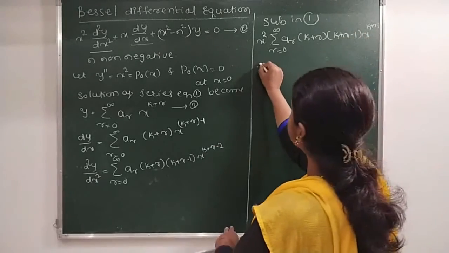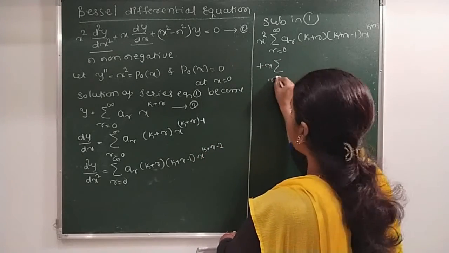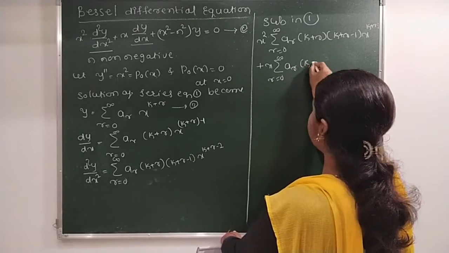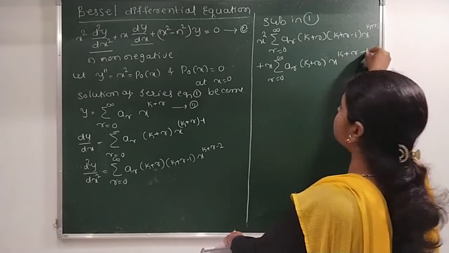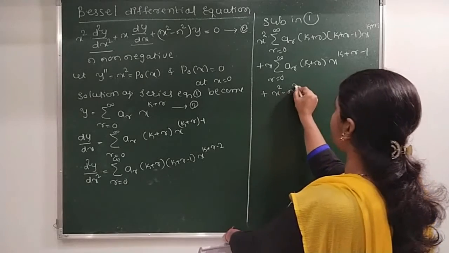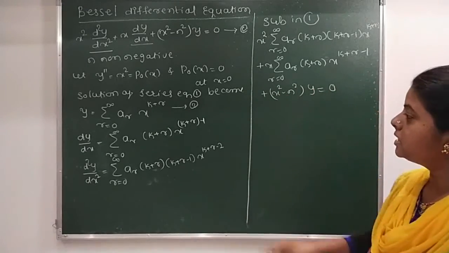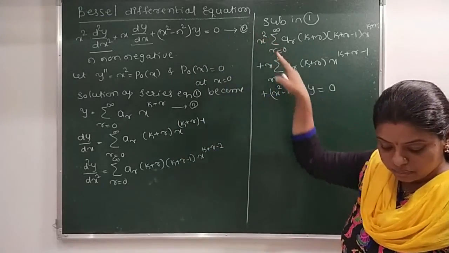Now, plus x dy by dx we have to replace as summation of r is equal to 0 to infinity ar k plus r x raised to k plus r minus 1, plus x square minus n square y is equal to 0. Means these three terms we have to substitute in equation number 1.